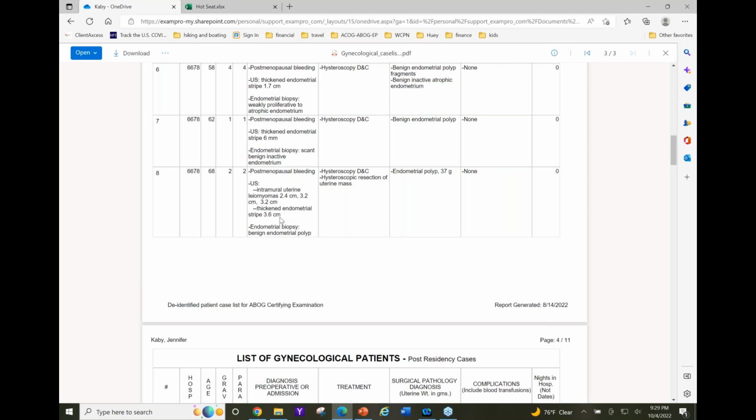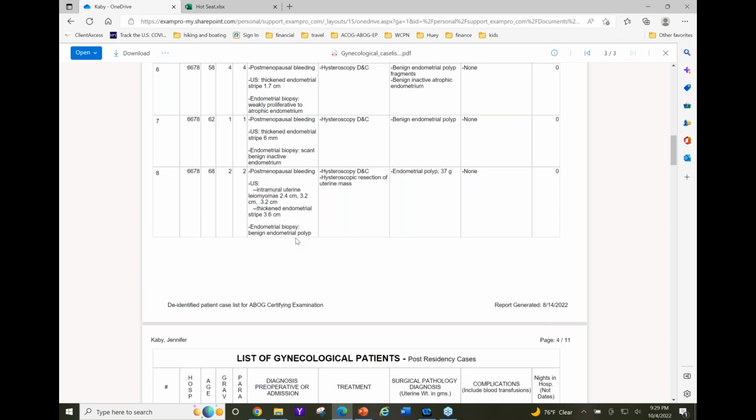All right. So in this case, number 8, the patient had a thickened lining 3.6 centimeters, and you did an endometrial biopsy. How did the endometrial biopsy help you decide what to do next?